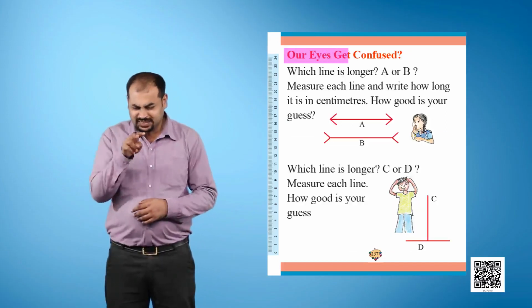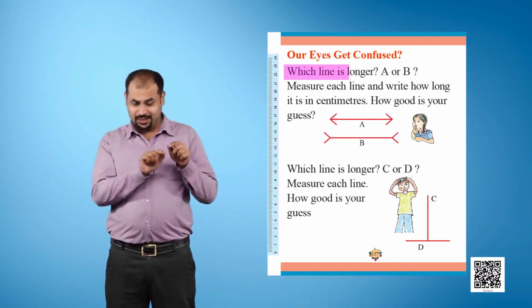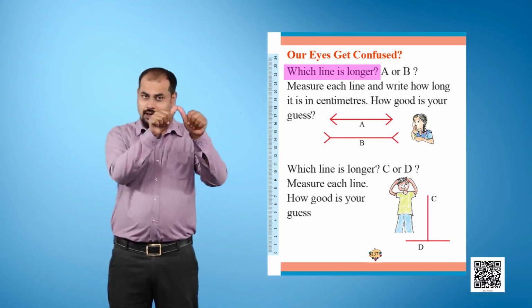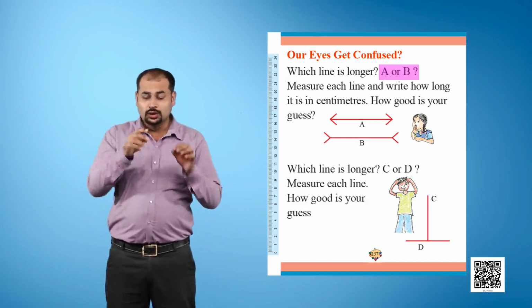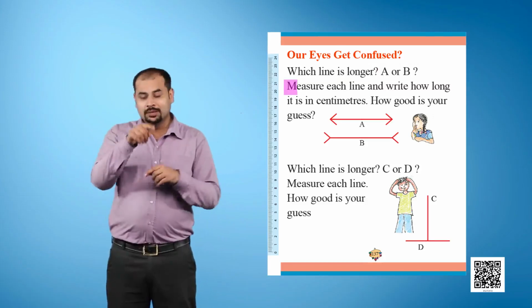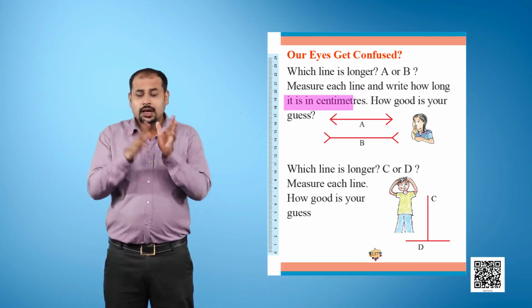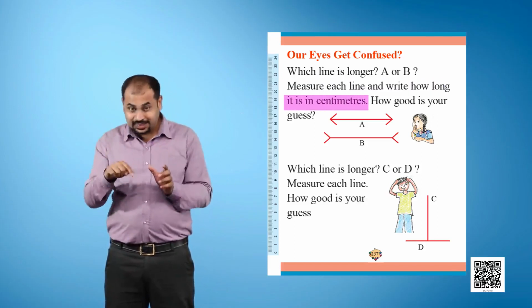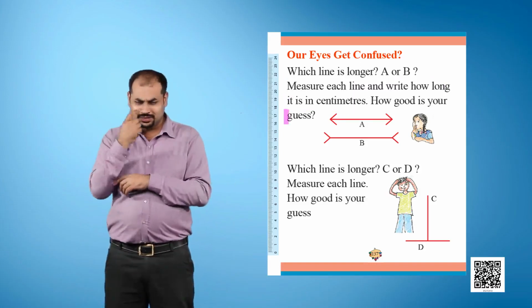Our eyes get confused. Which line is longer? A or B? Measure each line and write how long it is in centimeters. How good is your guess?